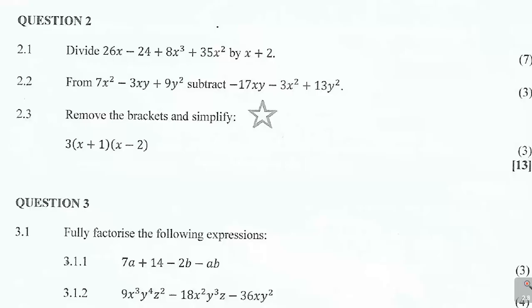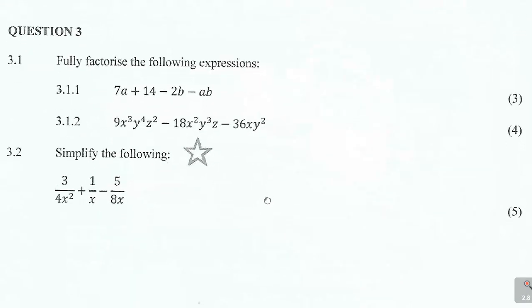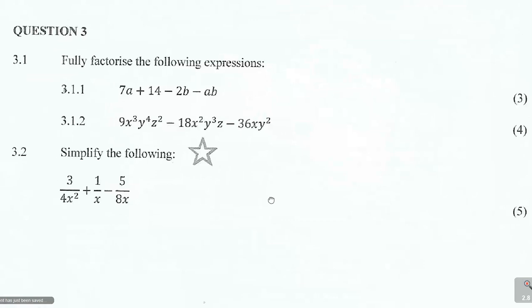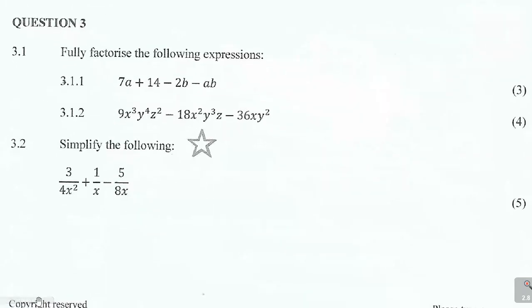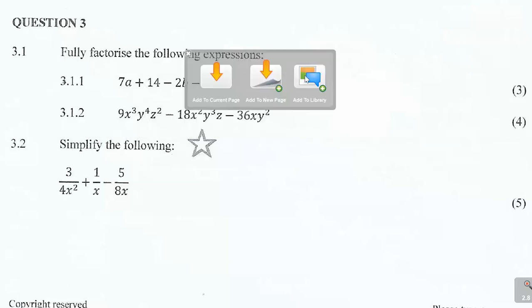Let us look at question 3. Interesting also. If I can take the first one, factorize fully, and for now I'm interested only in this part. So if we look at this, it says we need to factorize the following expressions.